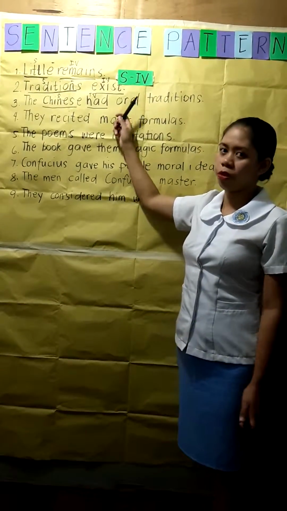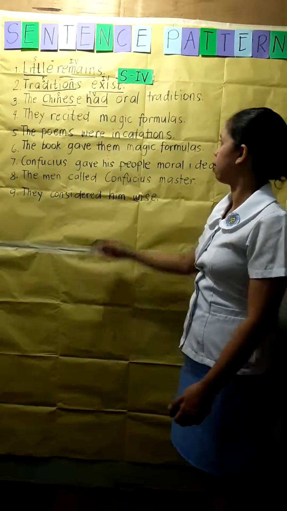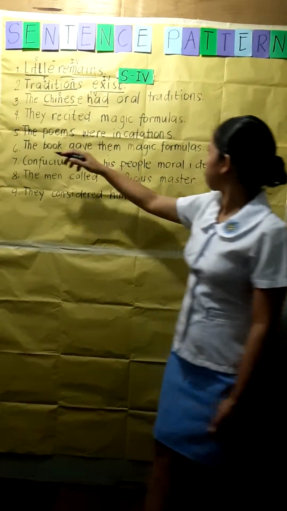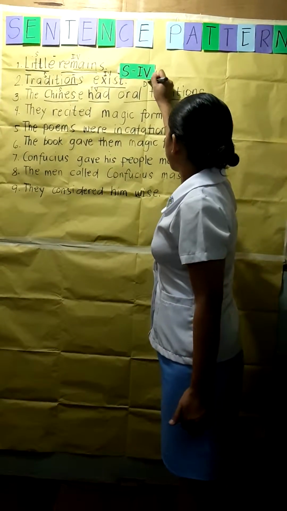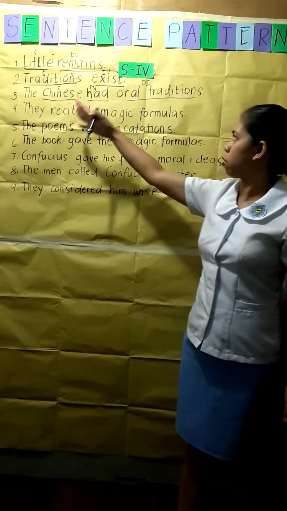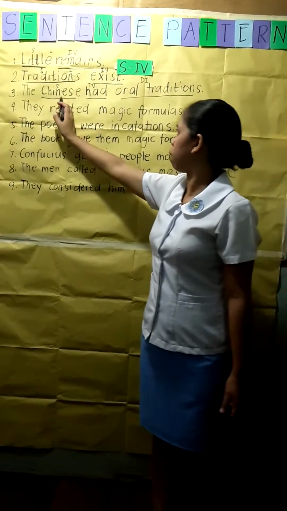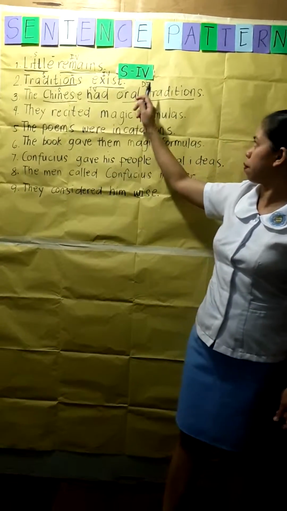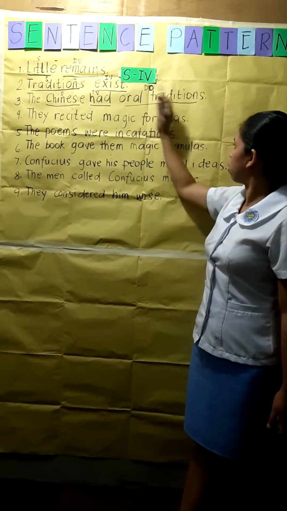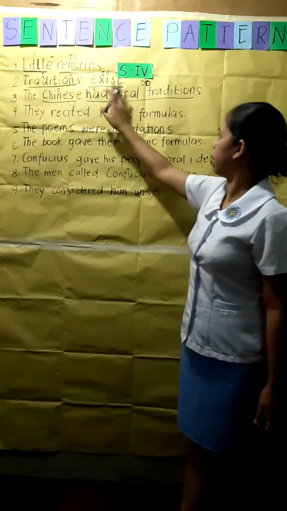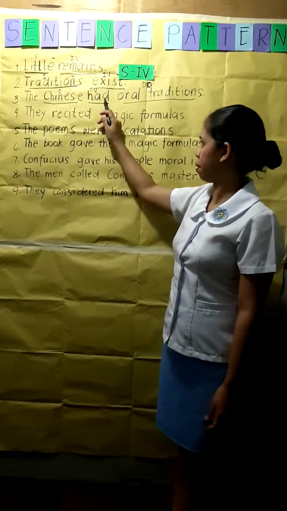So it needs an object for it to become complete. So had is a transitive verb. Oral traditions is the direct object. So what did the Chinese have? So they had oral traditions. So this is the subject, this is your transitive verb, and this is your direct object. So oral traditions, this is the direct receiver of that action, or of that verb.